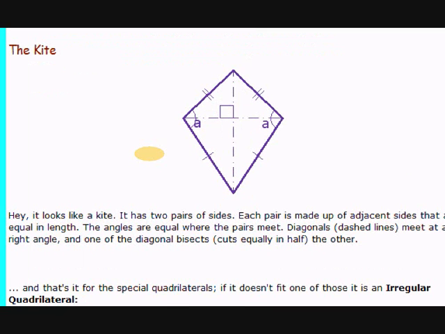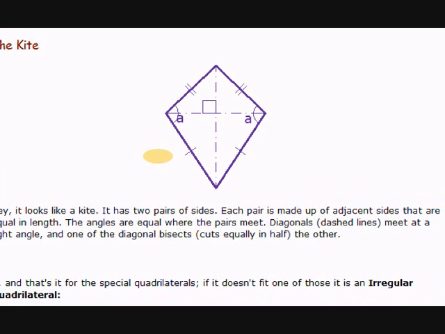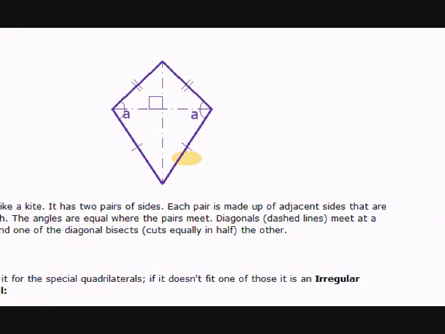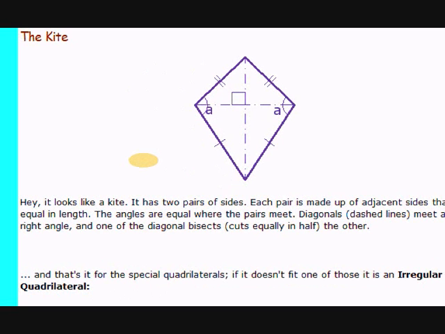One more, the kite, is also a quadrilateral. It looks like a kite. It has two pairs of sides. Each pair is made of adjacent sides that are equal in length. Like these adjacent sides are equal. Look at that. In other cases, we talked about opposite sides. Look, and the angles are equal where the pairs meet.